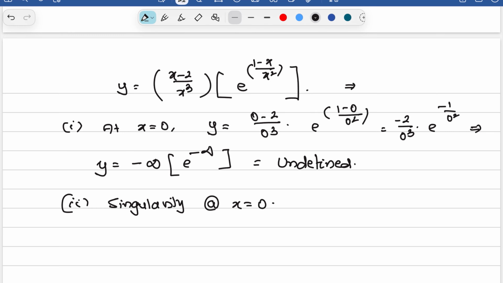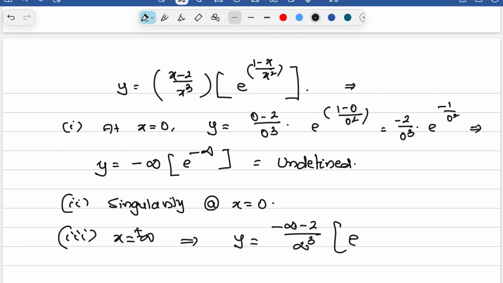And let us say at x is equal to plus or minus infinity, what happens? Y is equal to infinity minus 2 divided by infinity cube into e to the power of 1 minus infinity divided by infinity square.